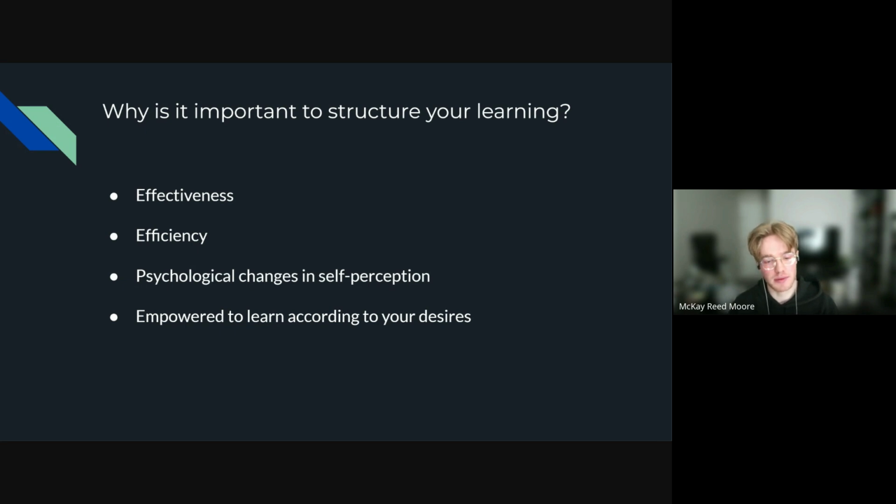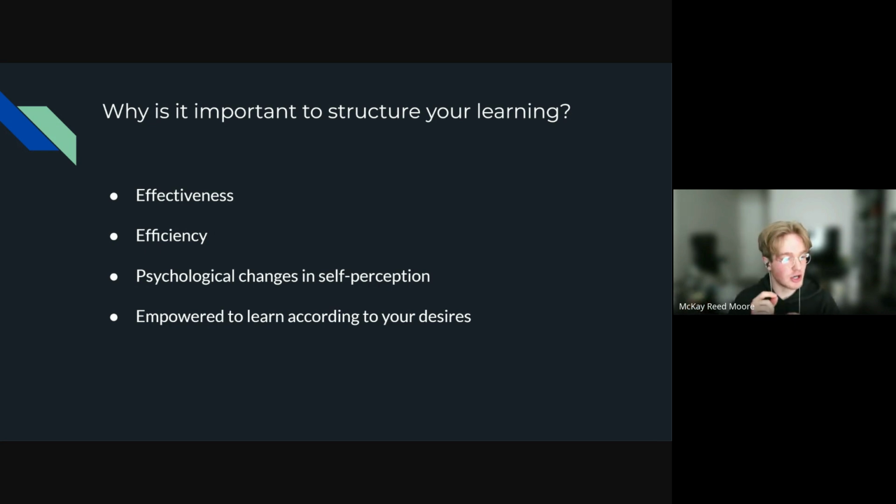Additionally, when you master a topic or get really good at it, you have this idea that you are someone who is capable of learning and understanding things and growing. And that's a really powerful thing.